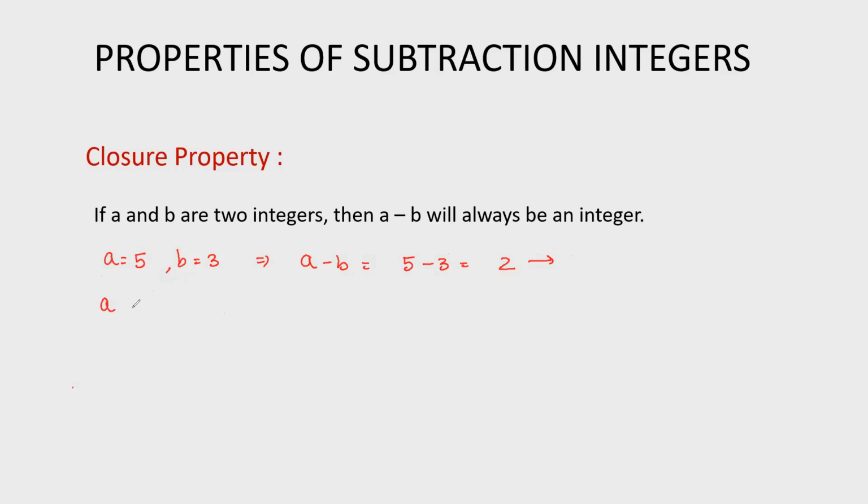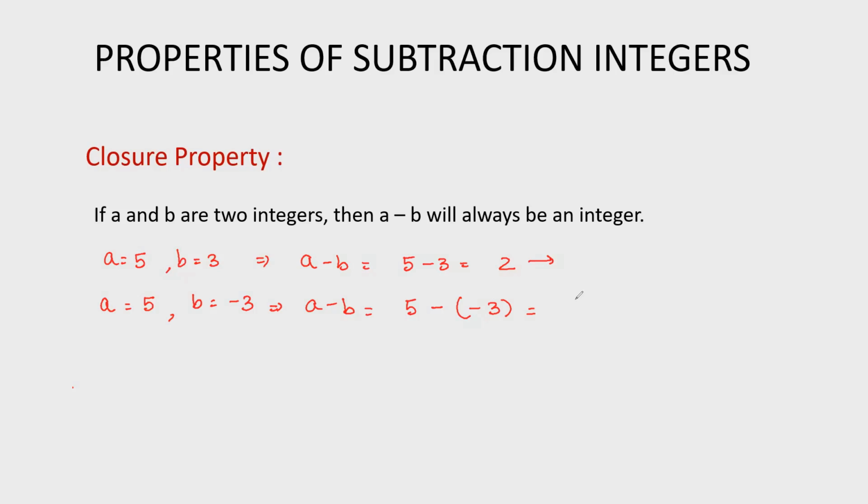Now, in the second example, if I take A as 5 and B as minus 3, one positive, one negative, what happens? 5 minus of minus 3. Now, how do we do this subtraction? We apply the rule of taking the absolute value of minus 3 and then adding it to 5 using the addition of integers.